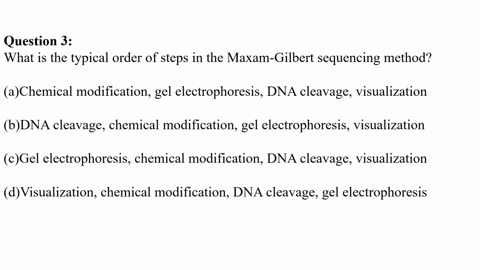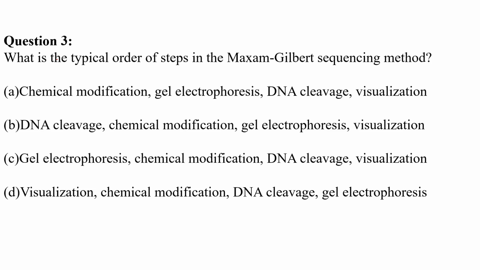Option B, DNA cleavage, chemical modification, gel electrophoresis, and then visualization. Option C, gel electrophoresis, chemical modification, DNA cleavage, and then visualization. Option D, visualization, chemical modification, DNA cleavage, and then gel electrophoresis.